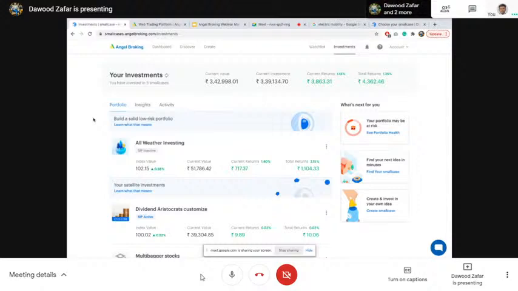You can always customize and remove stocks from your portfolio while investing, or you can come back and remove the stocks after investment if you feel that a stock is not required in your portfolio. Just to give an example, this is not a perfect example, but I'm giving it for you to understand easily. Some one and a half years back, a big CEO went missing, and people started guessing that the next day morning the stock may go down.